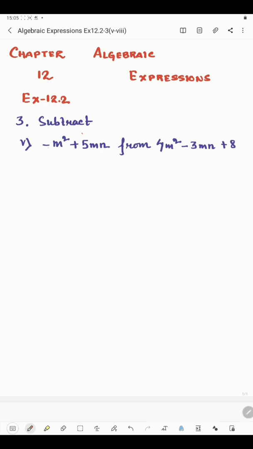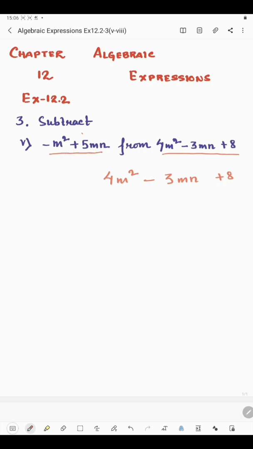So here minus m square plus 5mn we have to subtract from 4m square minus 3mn plus 8. So we will have to write this expression on top, 4m square minus 3mn plus 8. Okay, now here we have to subtract minus m square plus 5mn.